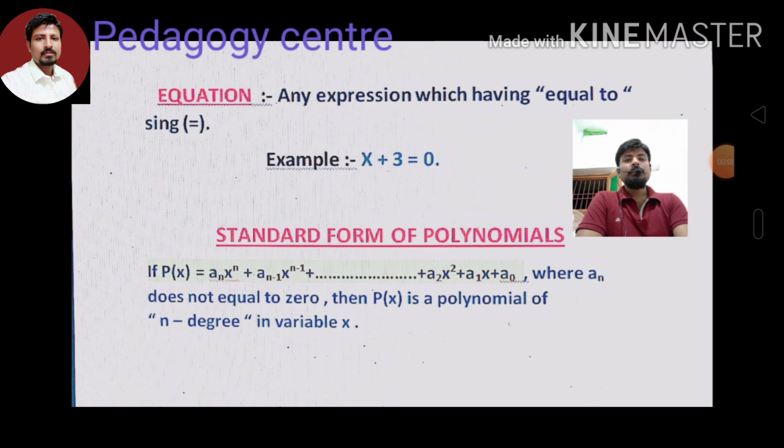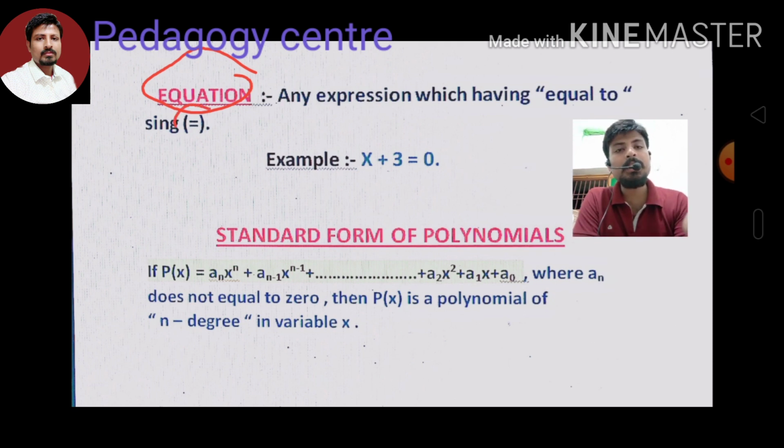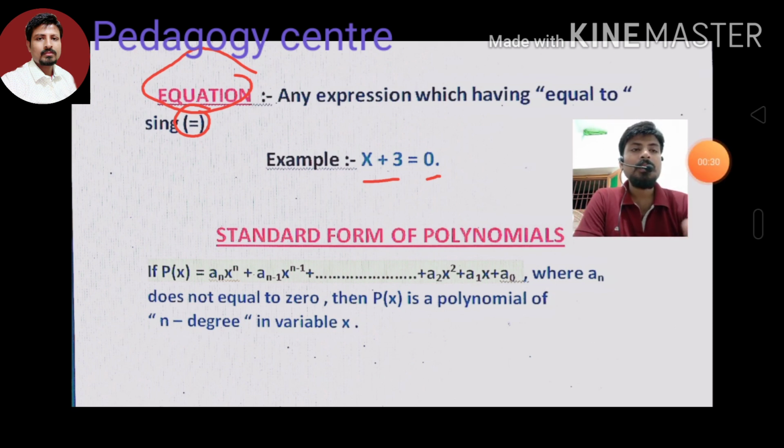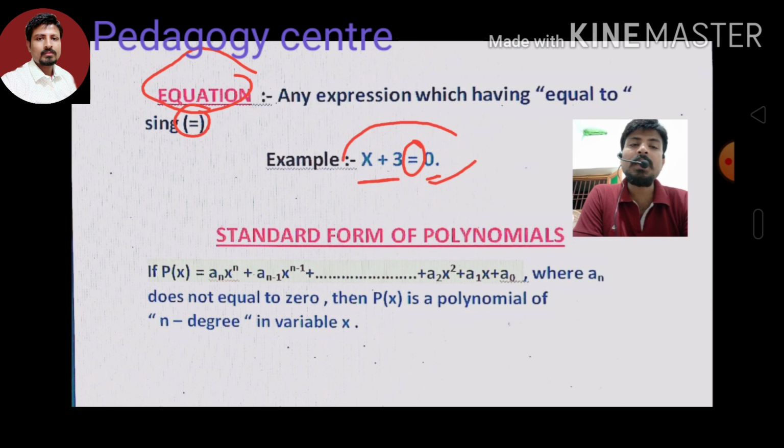Before starting the discussion on the next concepts of polynomials, we should recall some basic terms. That is, what is an equation? Any expression which has an equal to sign is called an equation. For example, x plus 3 equal to 0 is an equation. Here x plus 3 is an expression and 0 is also an expression, and these two expressions contain an equal to sign, so this is an equation.